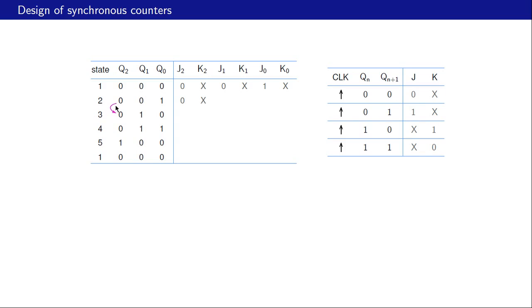Q2 goes from 0 to 0, so we have 0X for J2, K2. Q1 goes from 0 to 1, so we have 1X for J1, K1, and Q0 goes from 1 to 0, so we have X1 for J0, K0, and so on.